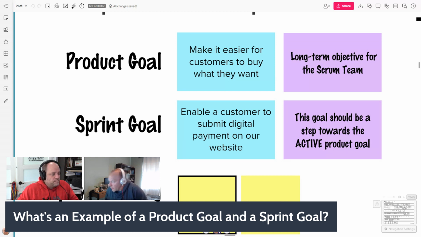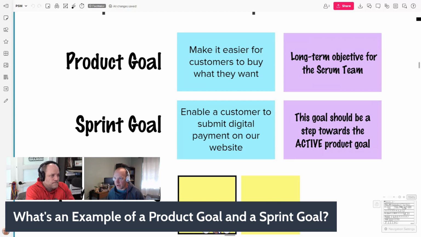Yeah, so this is a team that I had worked with. It's a retail web front, custom built, and the product owner was trying to make it easier for customers to buy what they want. They had a couple of hypotheses on how to do that. One was, as the sprint goal says, to enable a customer to pay with a digital form of payment, like Apple Pay, Google Pay, Amazon Pay.